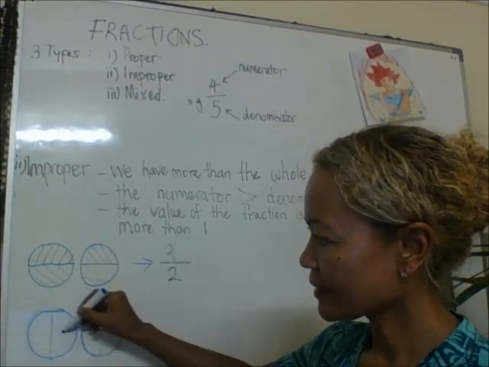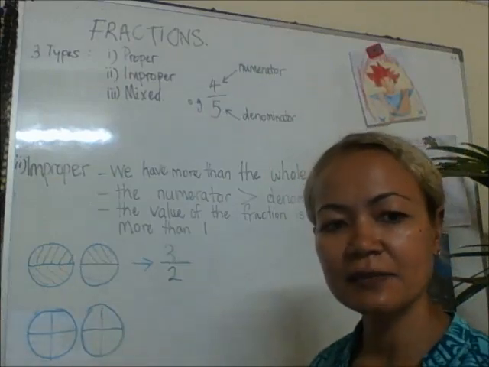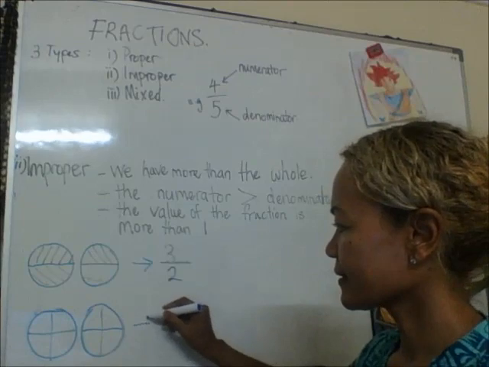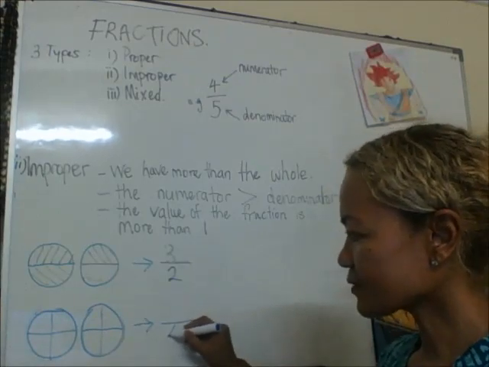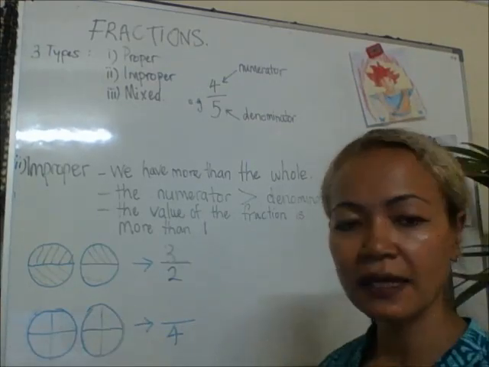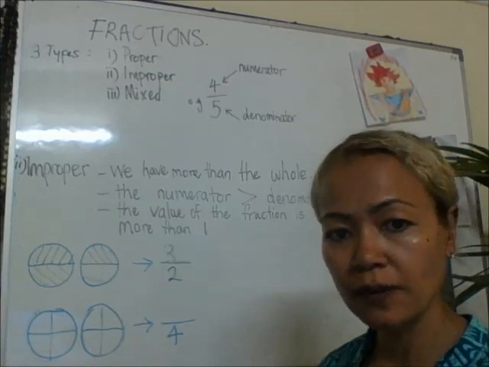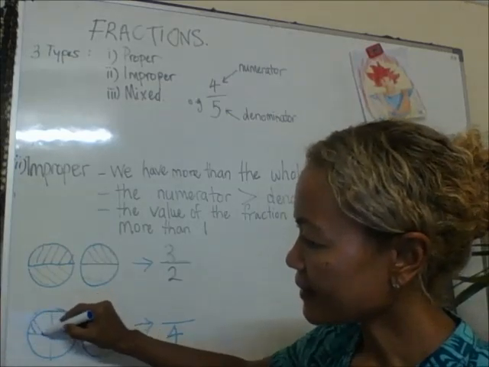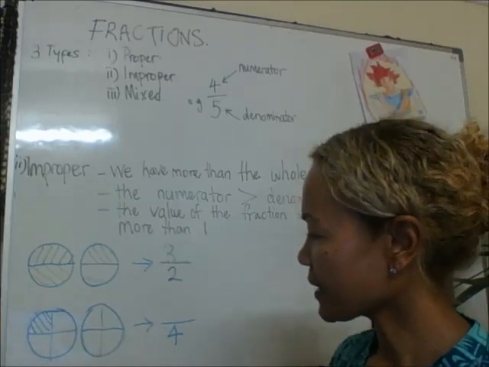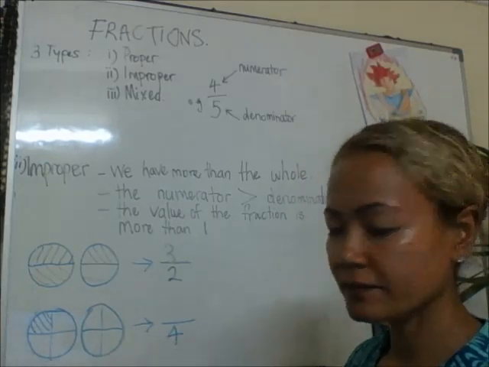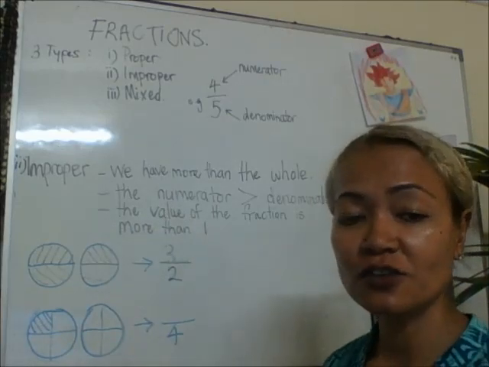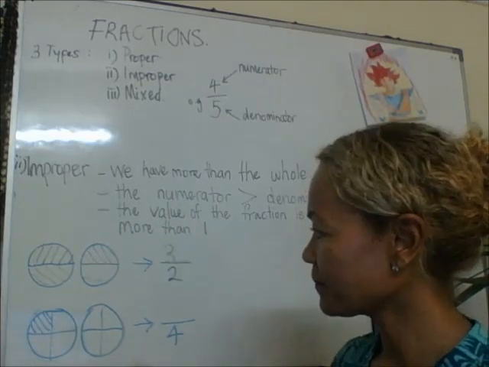So each circle is split into 4 possible parts. Denominator is 4. Each whole has a possible 4. Say I then shade a number. But I have to shade a number more than 4 because it's an improper fraction we're looking at, and the number on top is always bigger than the number on the bottom.